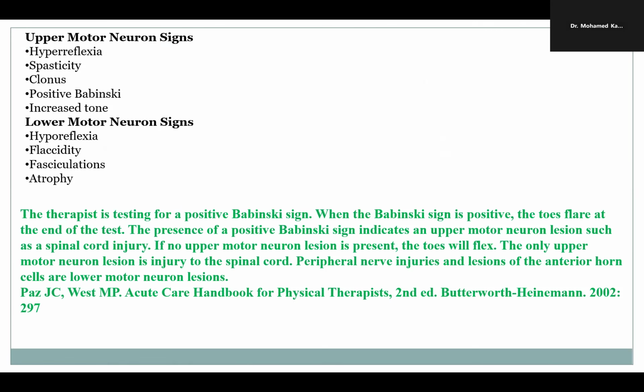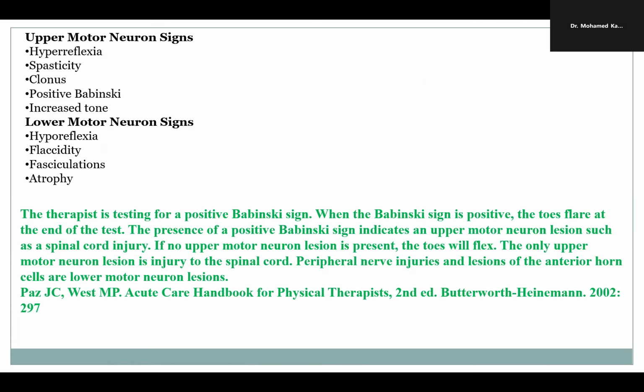Last note, how can we differentiate between upper motor neuron signs and lower motor neuron signs? Upper motor neuron signs: hyperreflexia, spasticity, clonus, positive Babinski, increased muscle tone. Versus lower motor neuron signs: hyporeflexia, flaccidity, fasciculations, and atrophy.